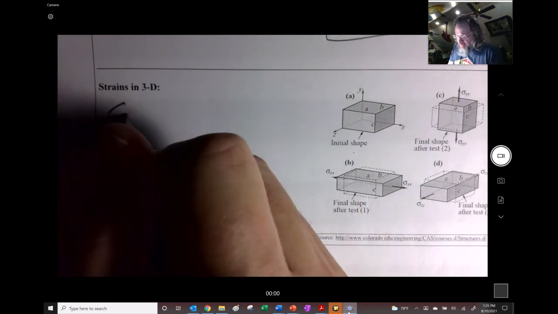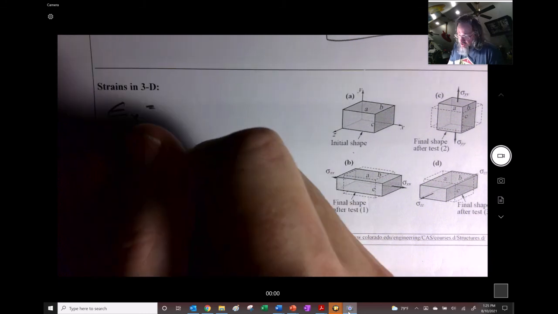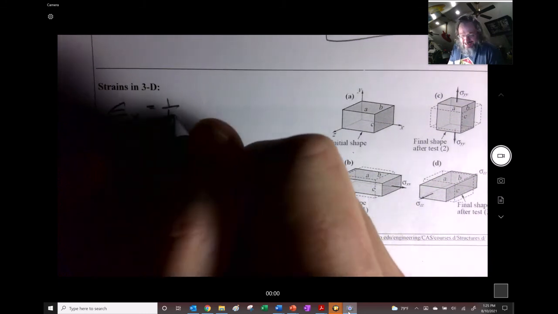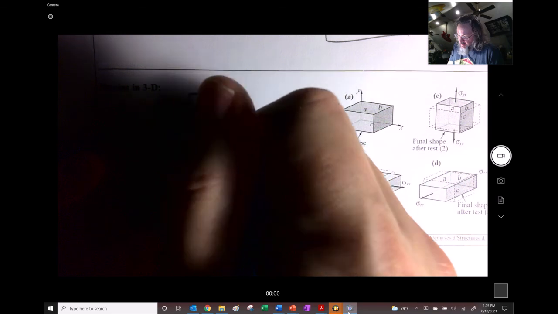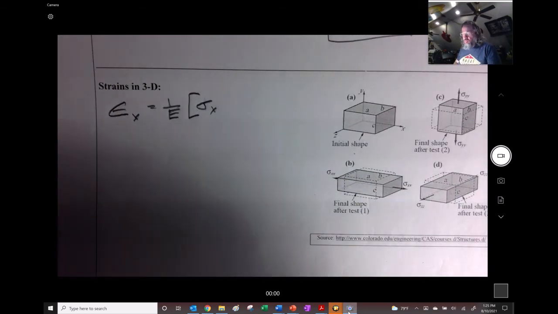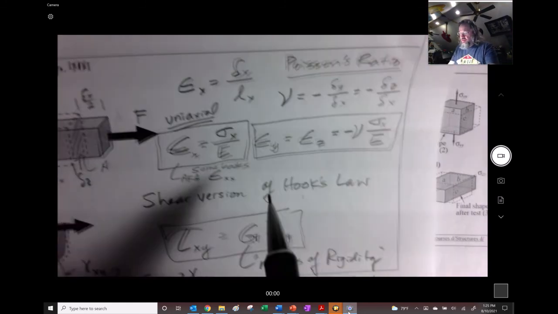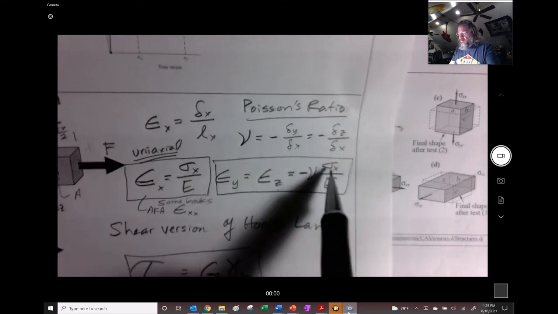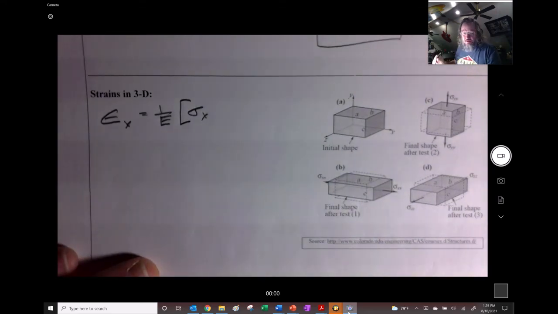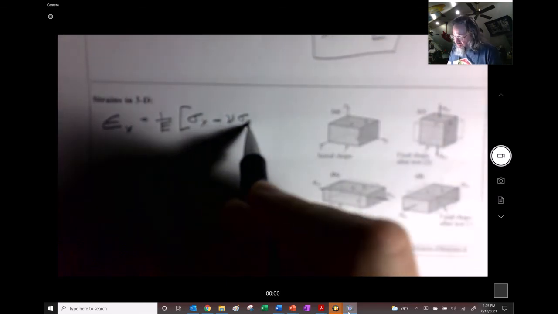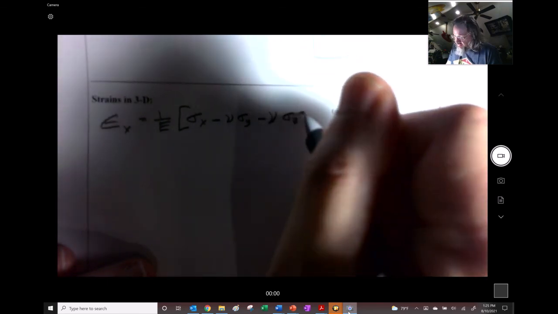So we have epsilon x is equal to 1 over E sigma x. So far, we're not saying anything different from the equation before. But now let's combine the other directions. If we have stress in the other directions, we have to subtract out Poisson's ratio times sigma y and subtract out Poisson's ratio times sigma z.